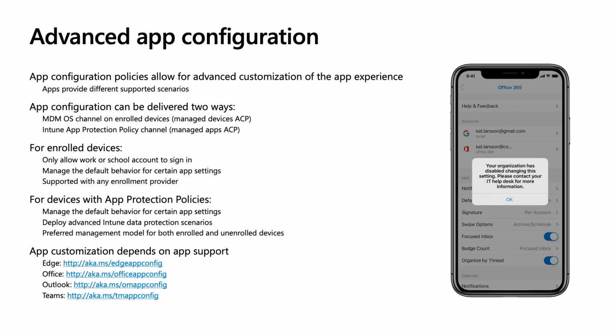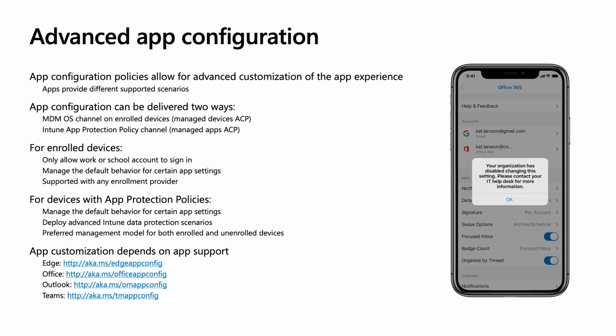For a managed device, we can use the MDM OS channel for enrolled devices, where we can use managed device ACP. For non-managed devices, or BYOD, the Intune app protection policy channel can be used to deploy app configuration for these applications.